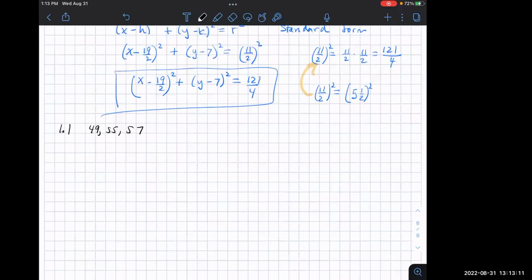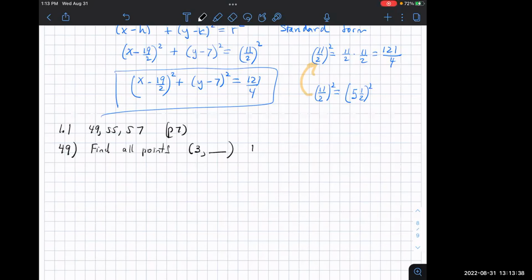All right, 49. This is page 7. Find all points having an x-coordinate of 3 whose distance from the point (-2, -1) is 13. So all points of the form (3, something), right?